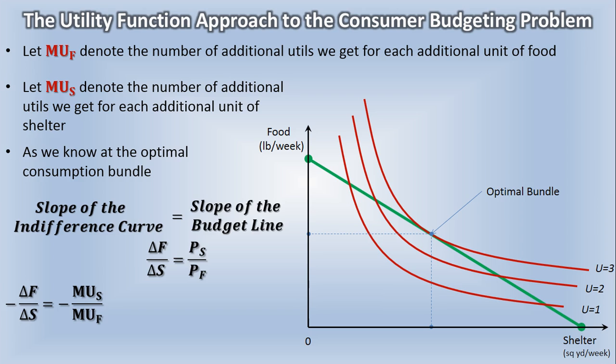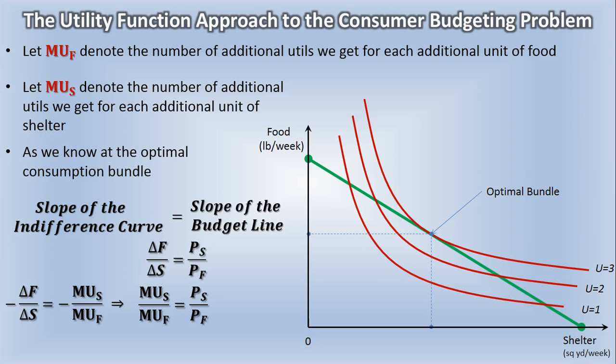So the slope of the indifference curve, the marginal rate of substitution, is equal to the negative ratio of the marginal utility of the good on the x-axis, which is shelter, to the marginal utility of the good on the y-axis, which is food. Therefore, at the optimal consumption bundle, these expressions must be equivalent, because these curves are tangent at that point.